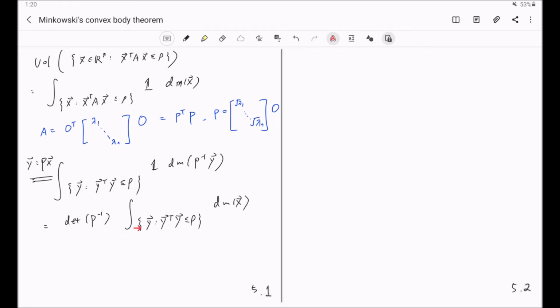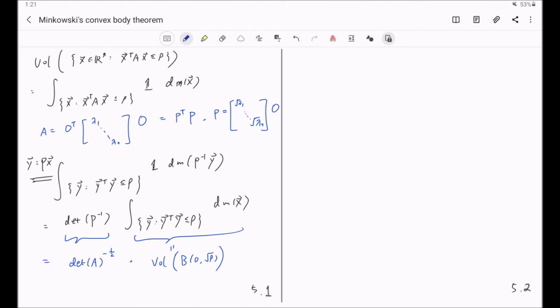But this integral is equal to the volume of the ball centered at the origin with radius square root of rho. And this determinant of P inverse is actually the square root of the determinant of the matrix A, taking the reciprocal, because this is P inverse.